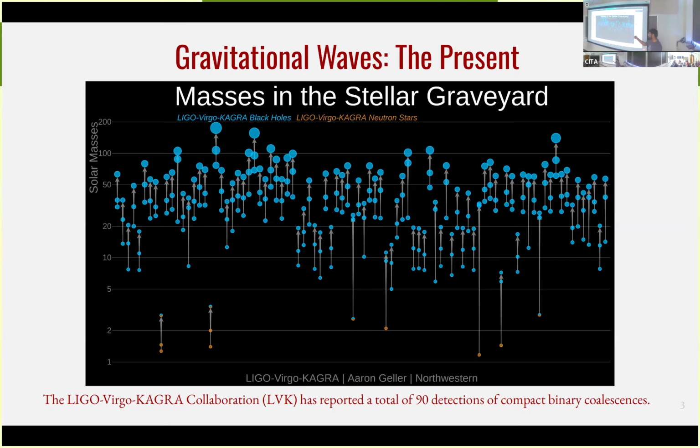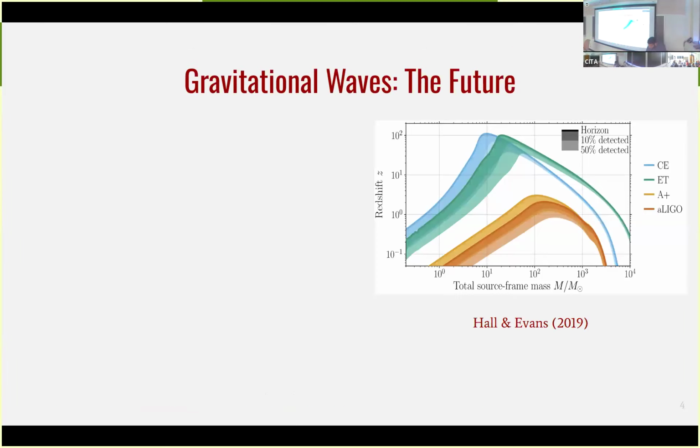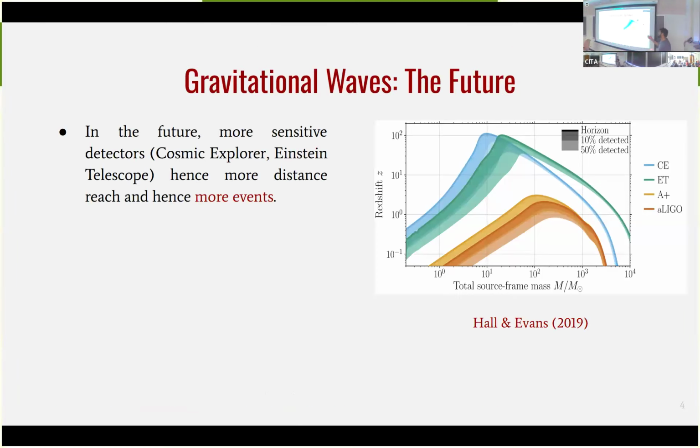And in about 8 to 9 years, we've detected about 100 of these things. The 4th observing run of LIGO Virgo KAGRA is on. It's in the middle of a commissioning break right now, but it's still on, and we are detecting even more as time goes on.